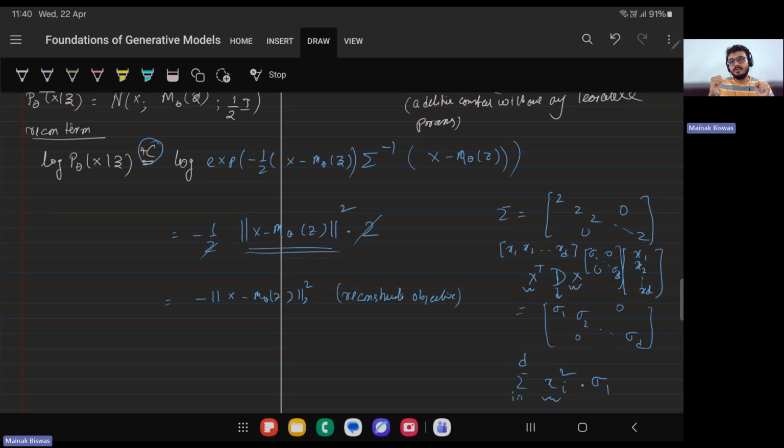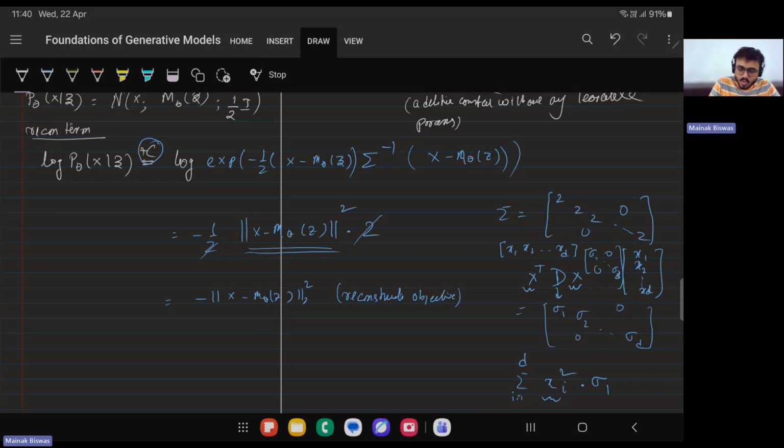If you're not getting better reconstruction, what are you going to do? There's a way you can guarantee that. What you can do is make this variance very, very small. So you can say that I want perfect reconstruction.